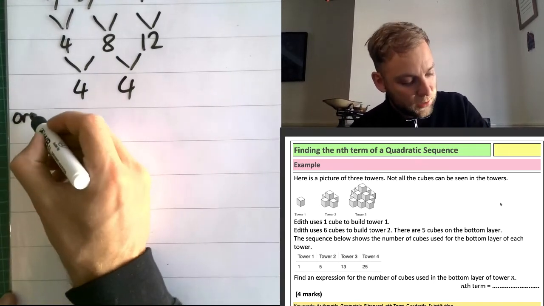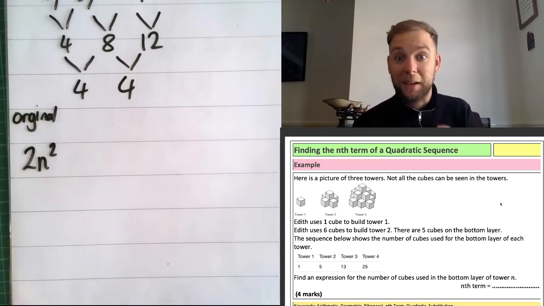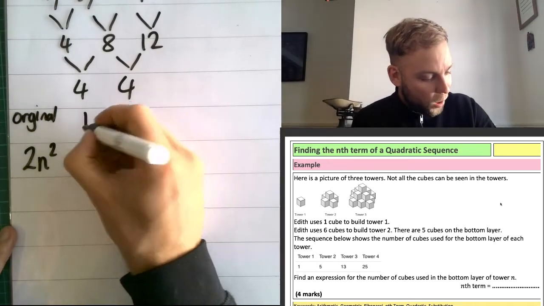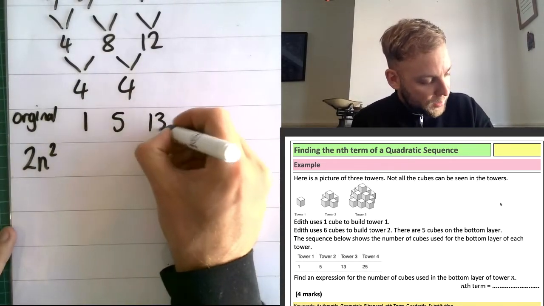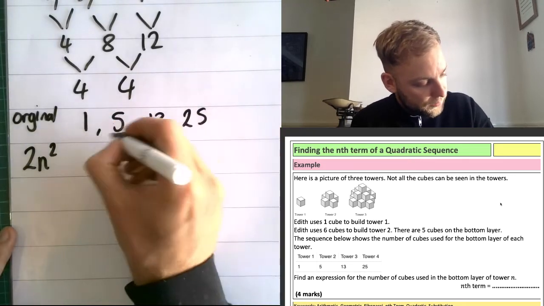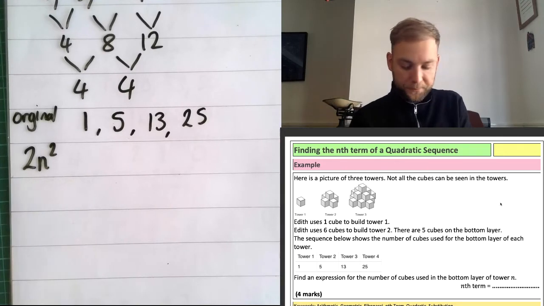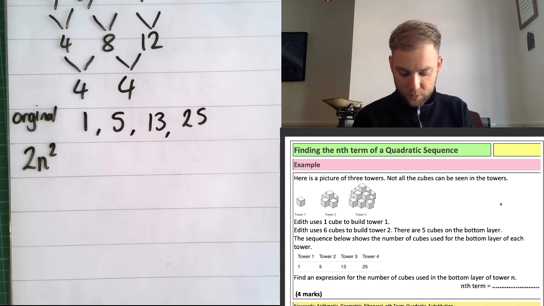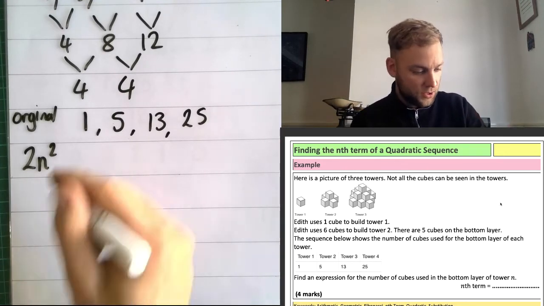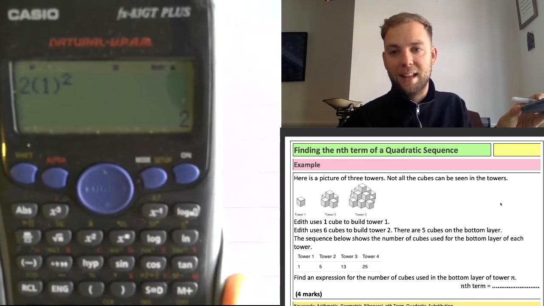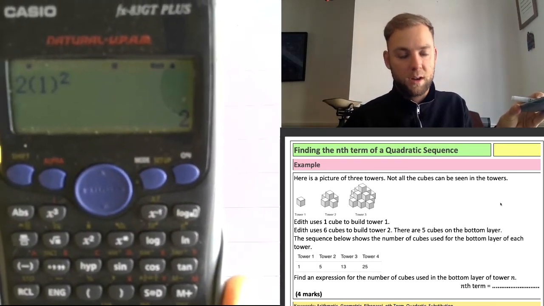And I also need to write down my original sequence, making sure it's right, okay? So let's write down my original 1, 5, 13 and 25. And then I'm subbing in here 2 times 1 all squared, which is 2. Look, I'm subbing in 1 into there. 2n squared, 2, 1 squared.